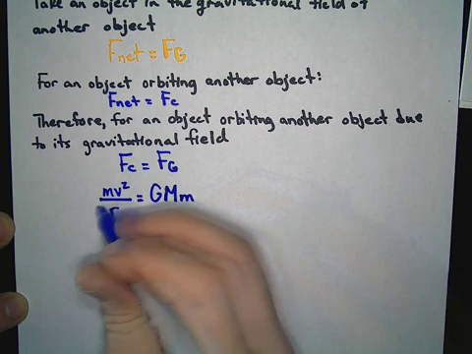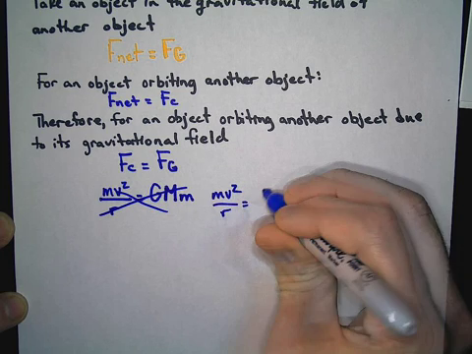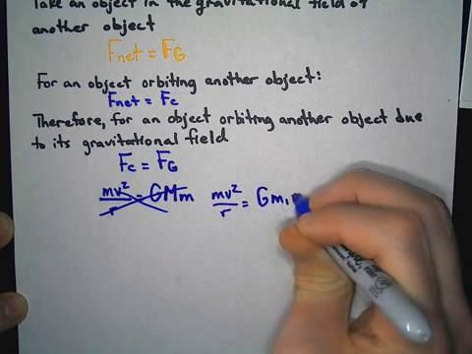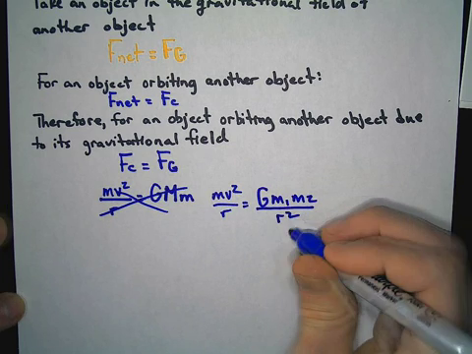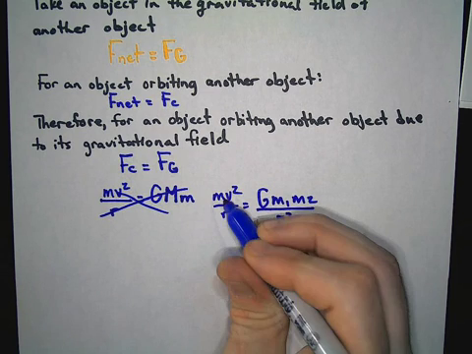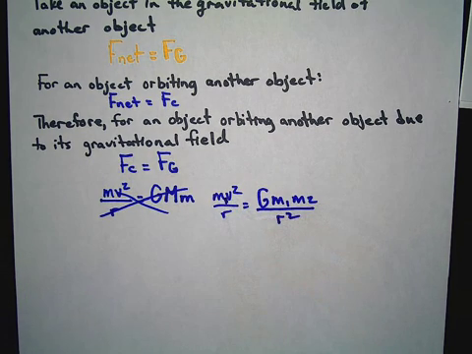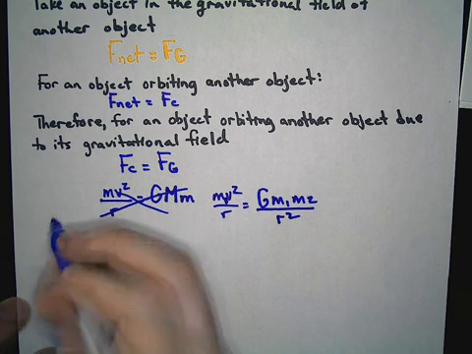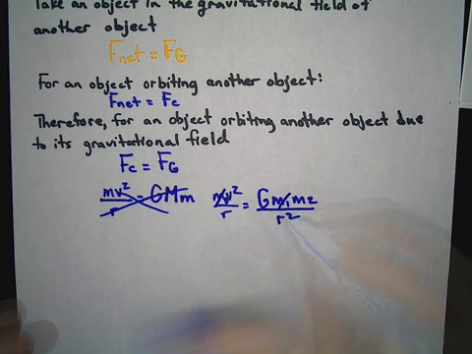So we have common factors, m1 on both sides. We can cancel those out. Canceling out common factors gives us an equation for orbital speed.